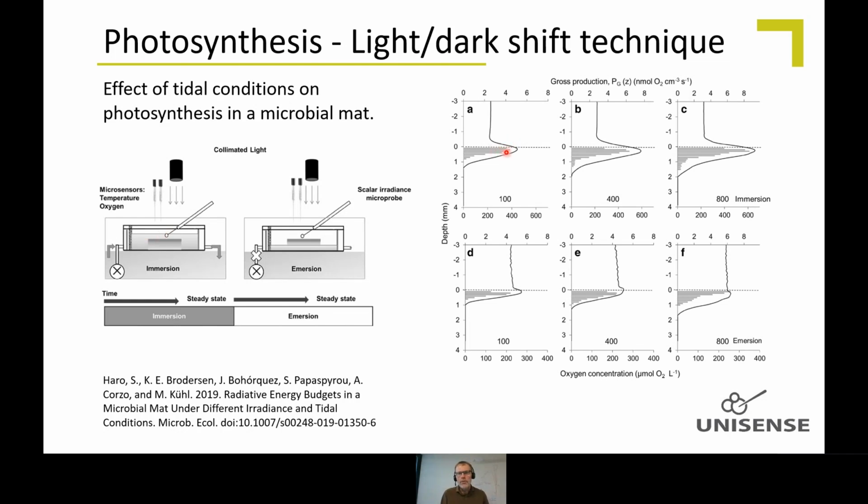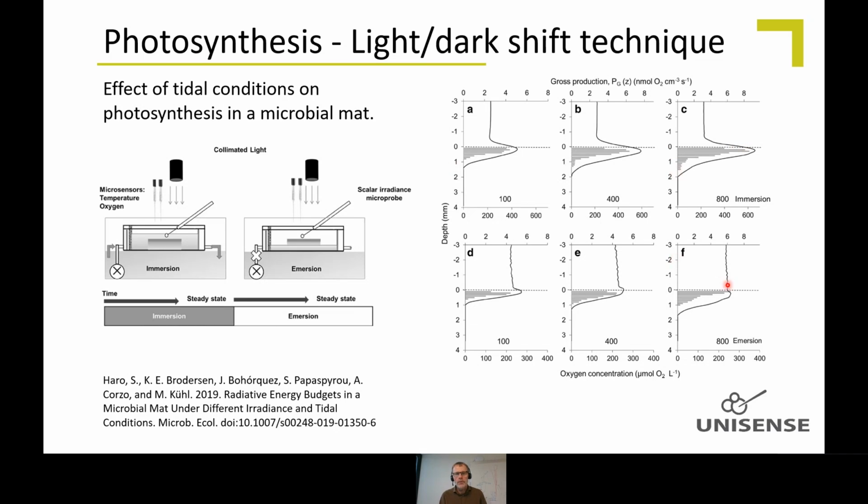The bars here show the gross photosynthesis measured by the light-dark shift, and this is the oxygen profile measured at 100, 400, and 800 micromole photons per meter square per second. As you can see, at higher light intensities, the max rate of photosynthesis increases quite a lot when it's underwater, and the thickness of the photic zone also increases quite a lot.